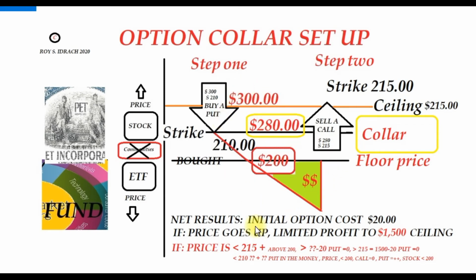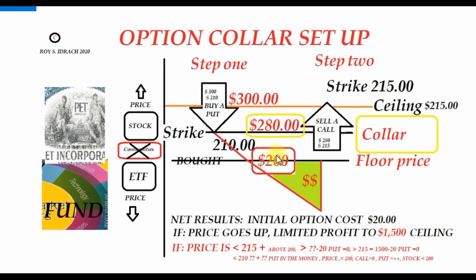Now, the net result of the initial option cost is $20. The 280 from 300, you got $20 in here. If the price goes up, your limited profits are to $1,500, right?